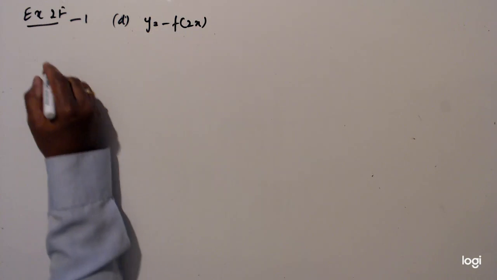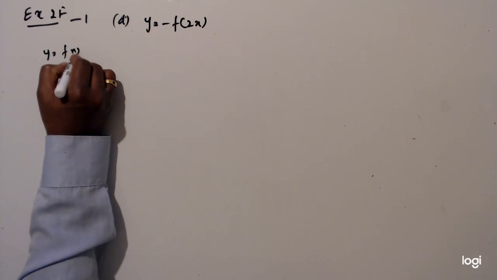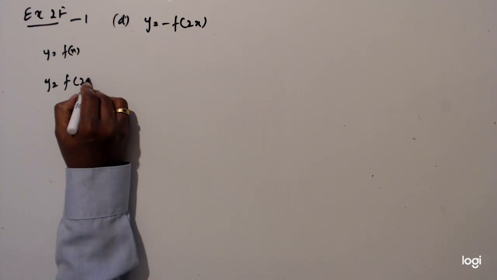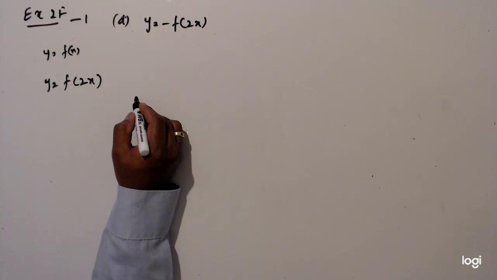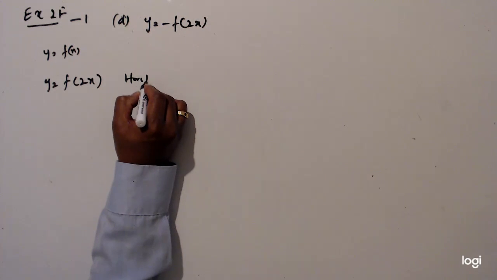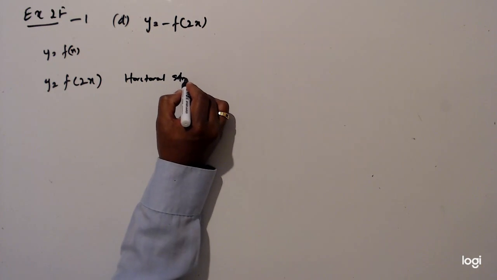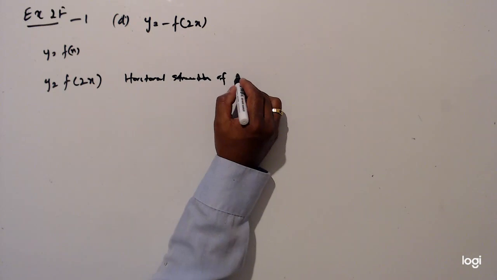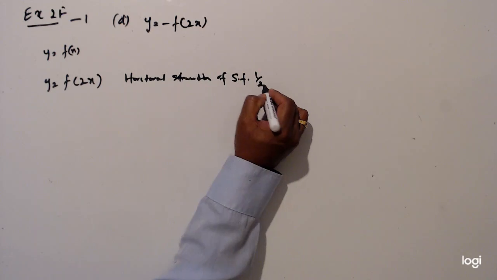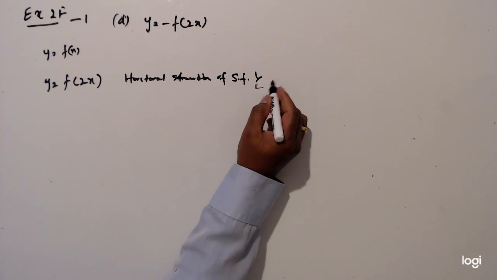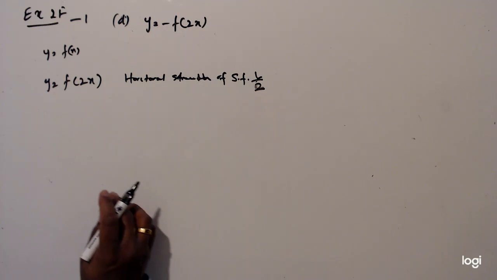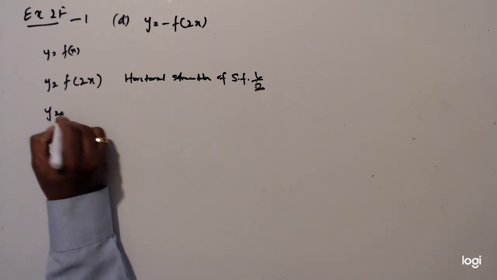Part D, y equal f(x) graph. Then we want to turn it into y equal f(2x). So this is a horizontal stretch of scale factor half.